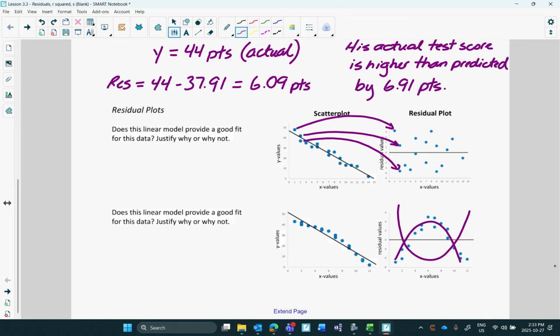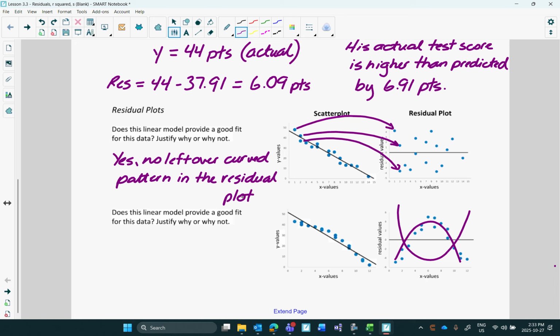Okay. So does this linear model provide a good fit? Yes. No leftover curve pattern in the residual plot. It's randomly scattered. Okay. But the next one, no. Not a good fit.